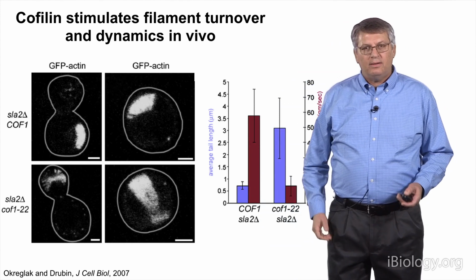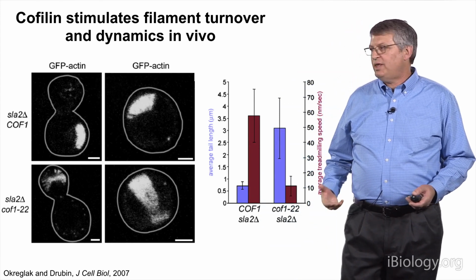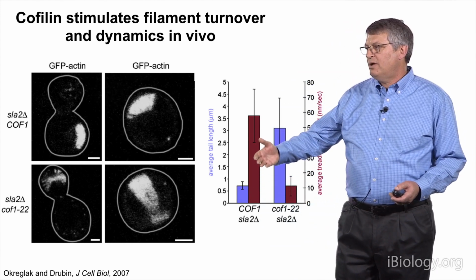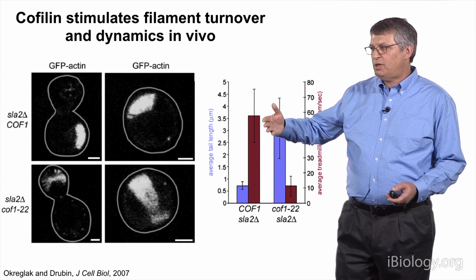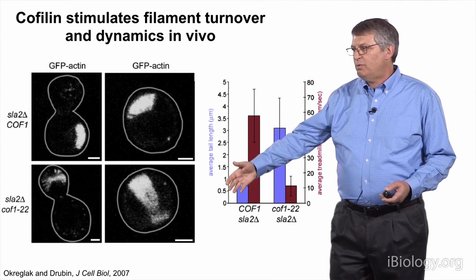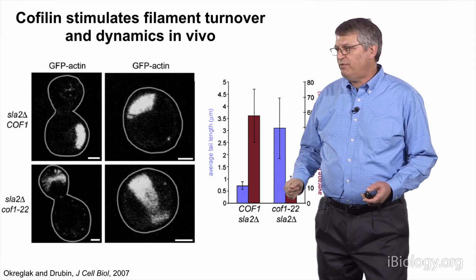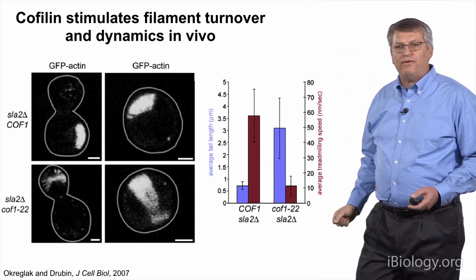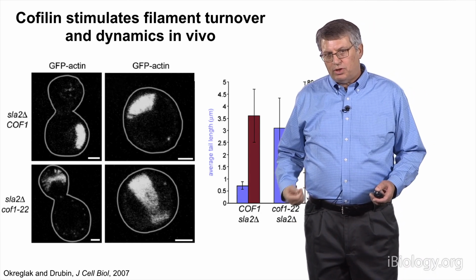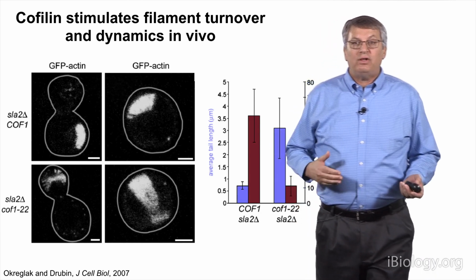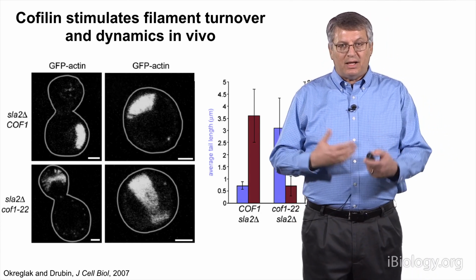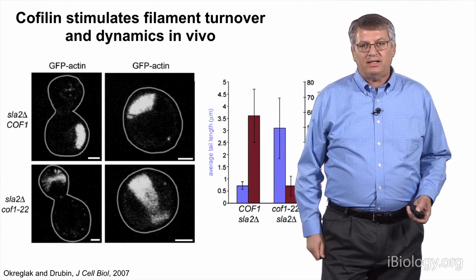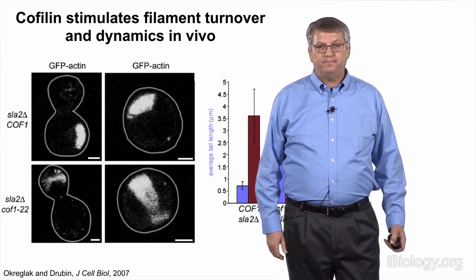So cofilin was important for turning over the actin networks, and he could show that here the tails became extremely long in cofilin mutants relative to cells with wild-type cofilin, and also the flux rates through this network were very slow when mutants were made in cofilin. So cofilin was important for dynamic assembly and disassembly of actin networks in living cells.